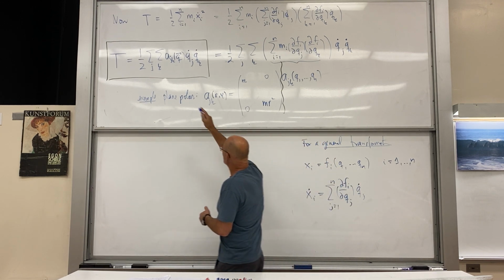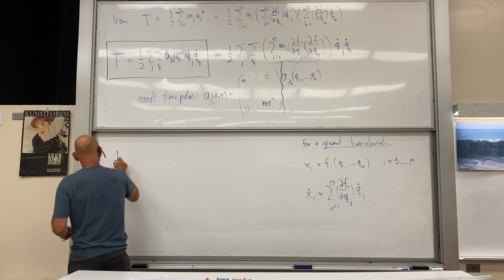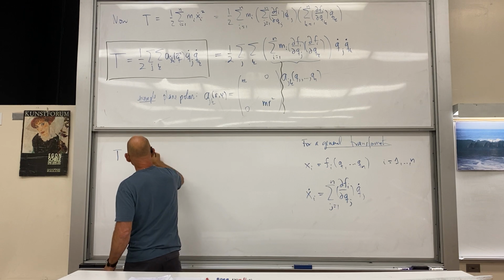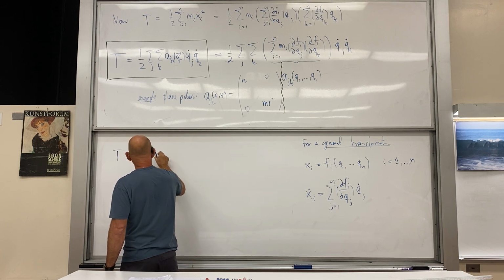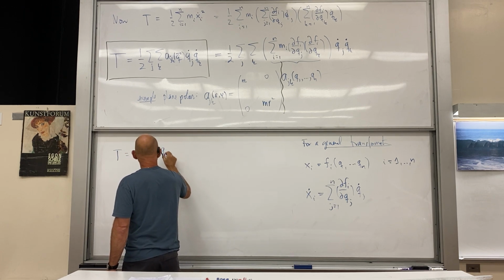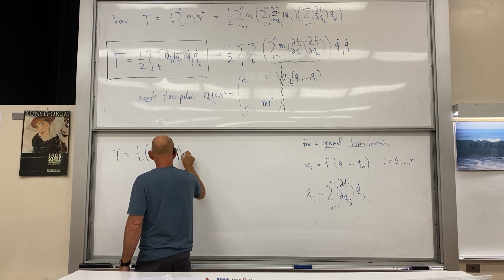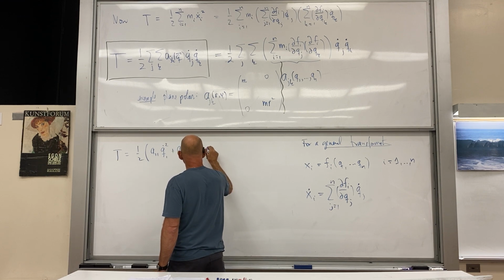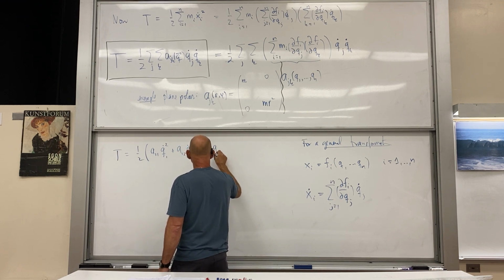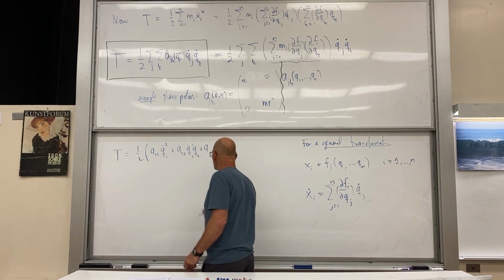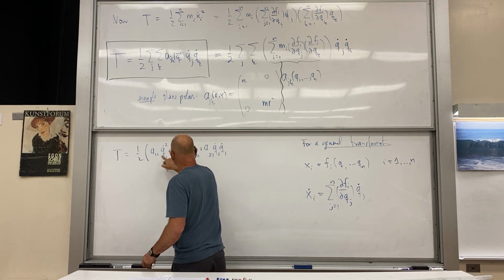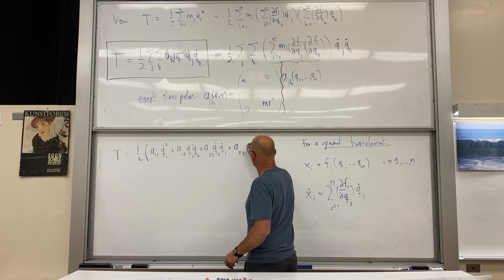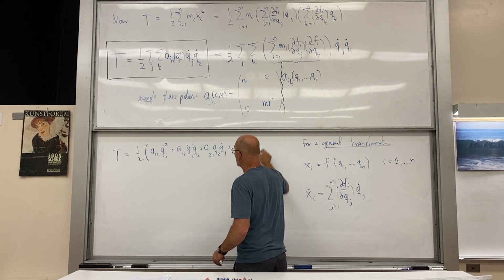So if we were writing this thing out here, we would have T equals 1/2, and since it's this double sum, we have a11 q1 dot squared plus a12 q1 dot q2 dot plus a21 q2 dot q1 dot, plus a22 q2 dot squared.